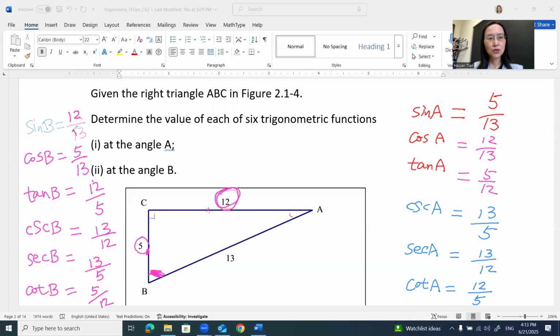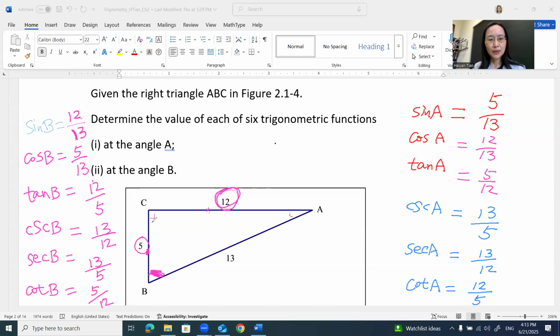So afterwards, we want to take a moment. We look at the A and B. They are acute angles in a right triangle. And we know these 2 angles, they are complementary to each other. That means the sum of these 2 acute angles is 90 degrees.